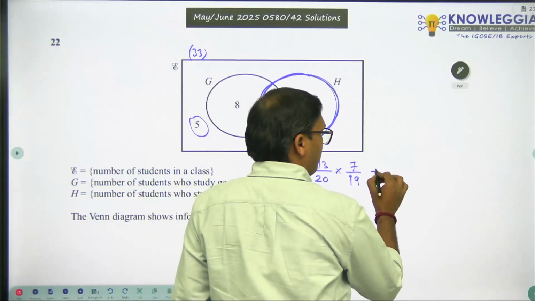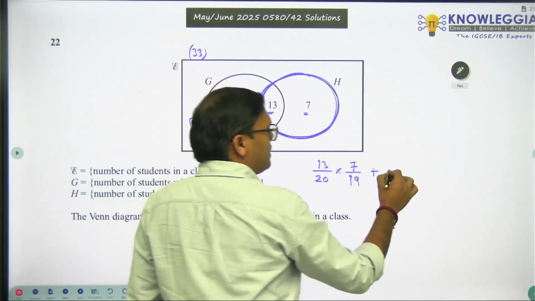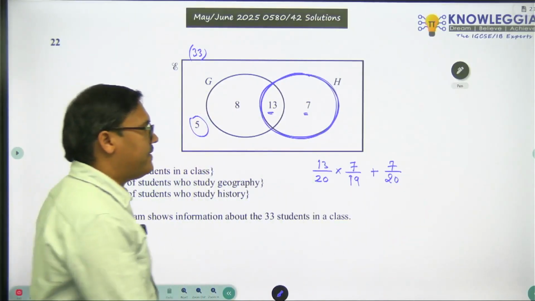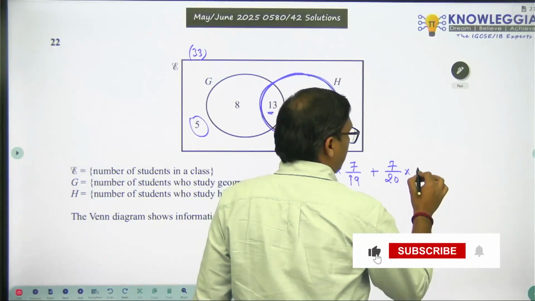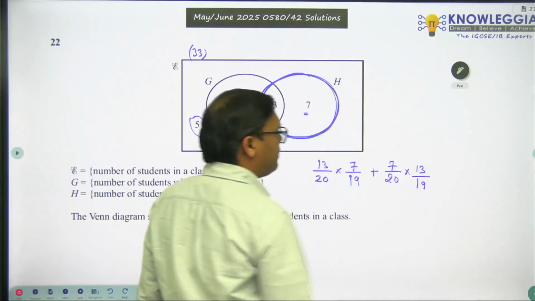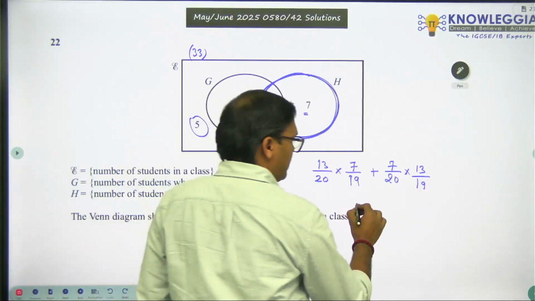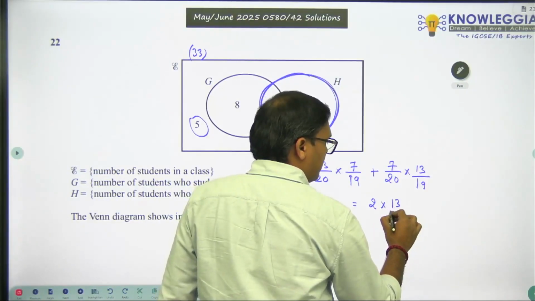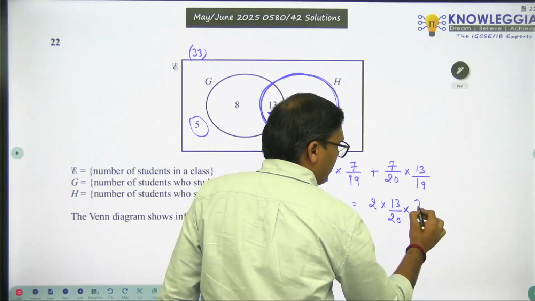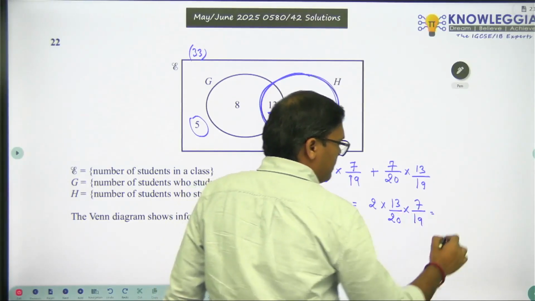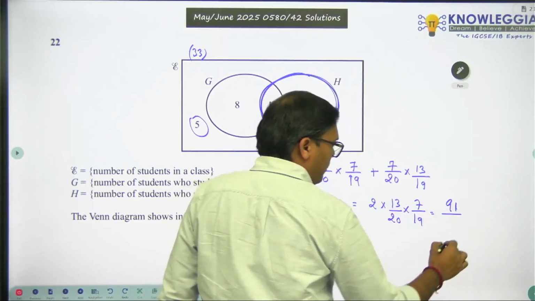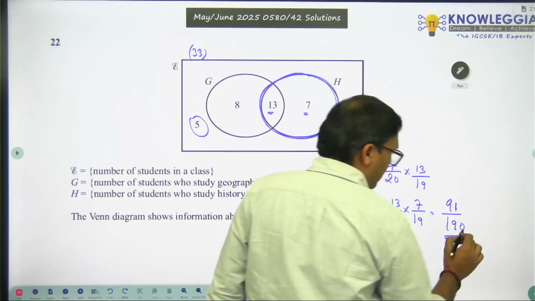Plus, it might be possible that the first student does not study geography and the second student studies geography. Okay, so what is the answer? This is 2 multiplied by 13 upon 20 into 7 upon 19. So this is 91. So 91 upon 190. That is the answer. I hope this is clear.